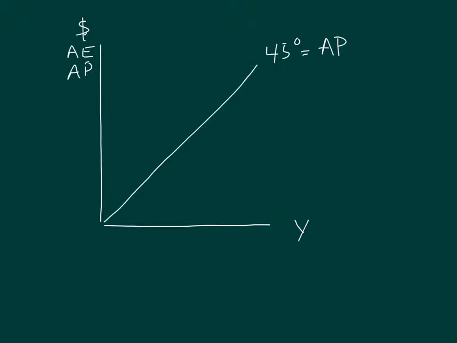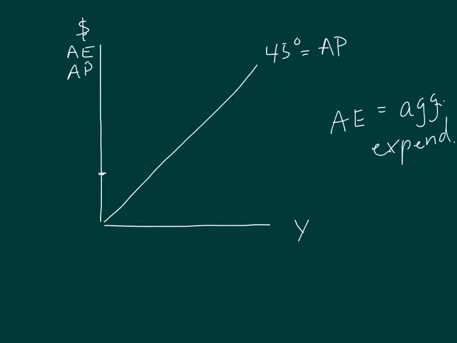Now what we're going to add to this diagram is the AE, which stands for aggregate expenditures. That is going to start at some point on the y-axis, because even when income is zero, we would have to have some spending or we would not be able to sustain ourselves.